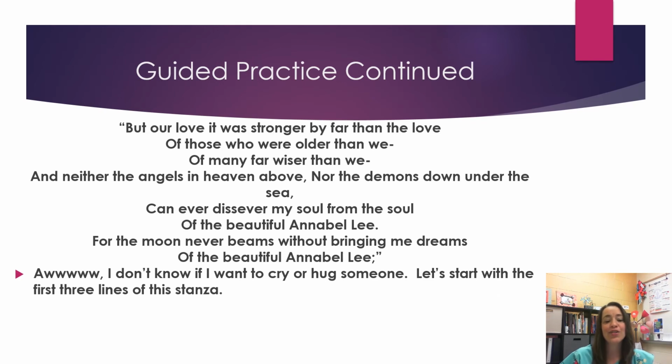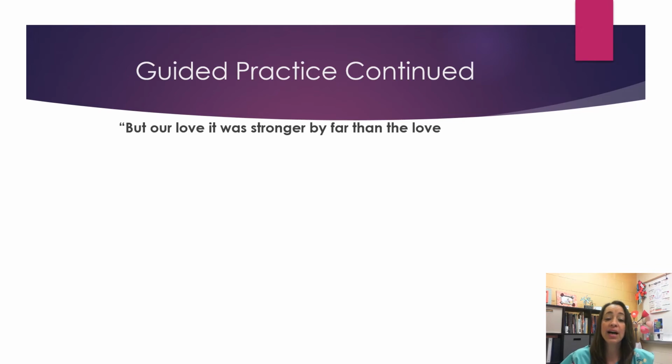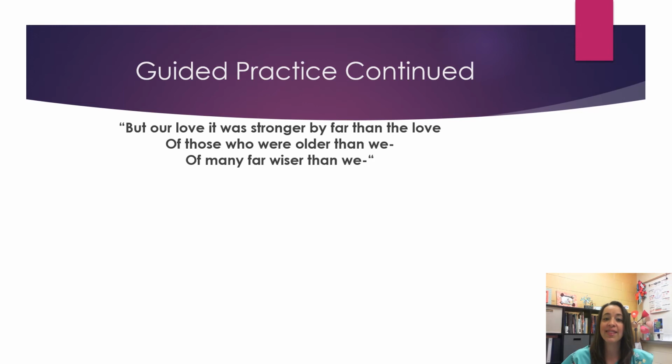Aw, I don't know if I want to cry or hug someone. Let's start with the first 3 lines of this stanza. "But our love, it was stronger by far than the love of those who were older than we, of many far wiser than we."